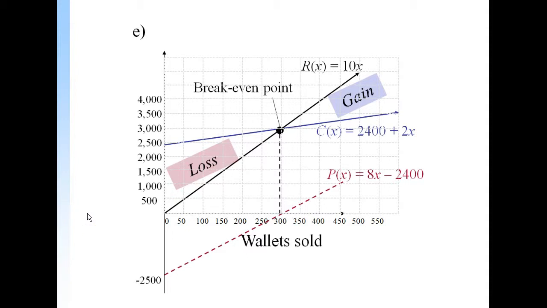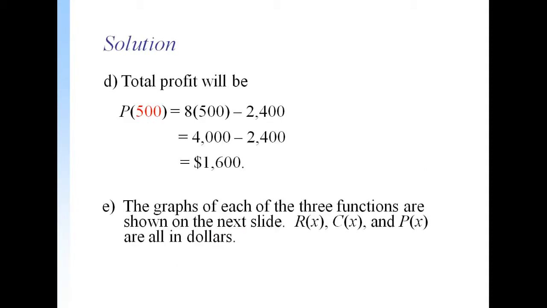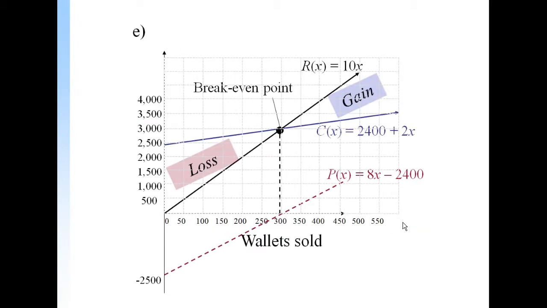Let's go back one slide here. On our next slide, we'll see the graph of the interaction of revenue, cost, and profits. So there we go. Now notice we are in quadrant 1 of our graph, where this is amount of dollars, and that's our y-axis, and our x-axis is number of items sold.